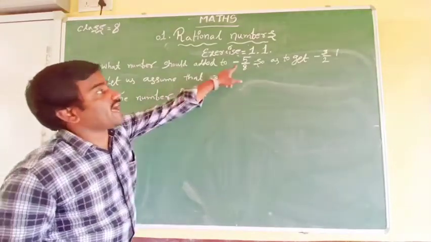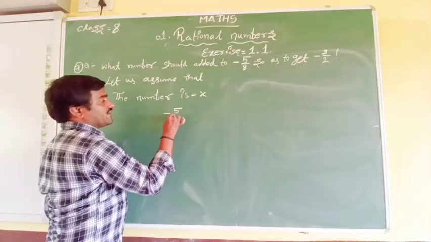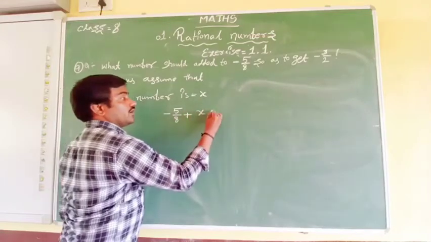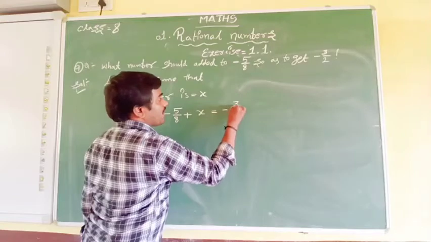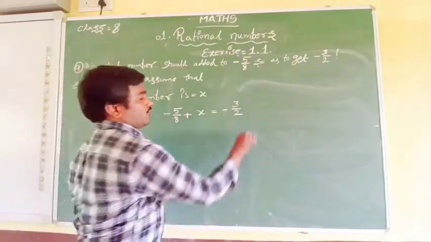What number should be added to this? Let us write minus 5 by 8. Let us add x to this number to get the answer as minus 3 by 2. This is what we got according to the problem.